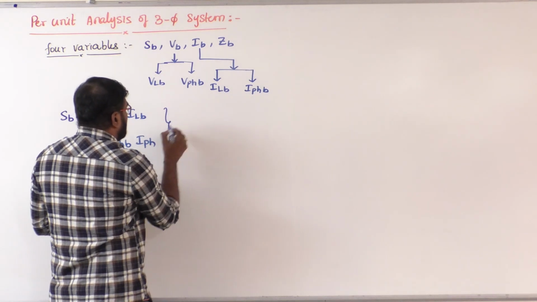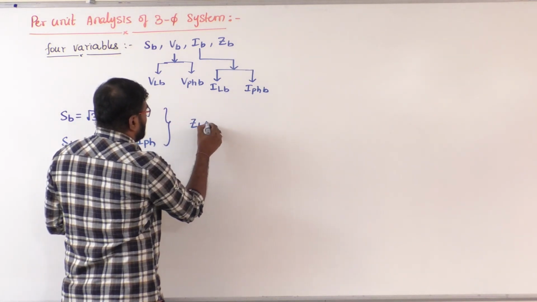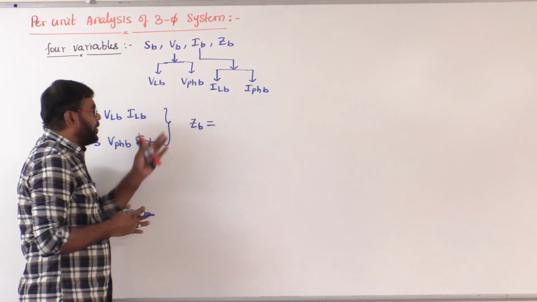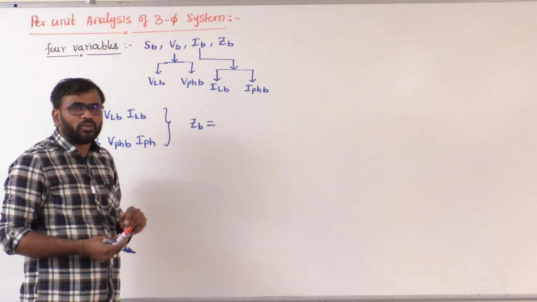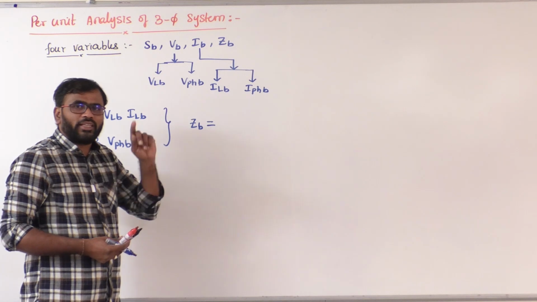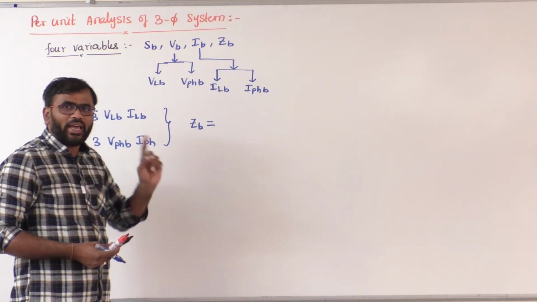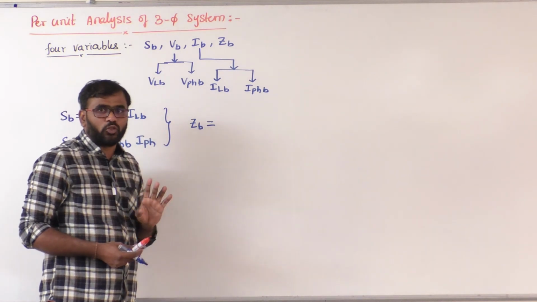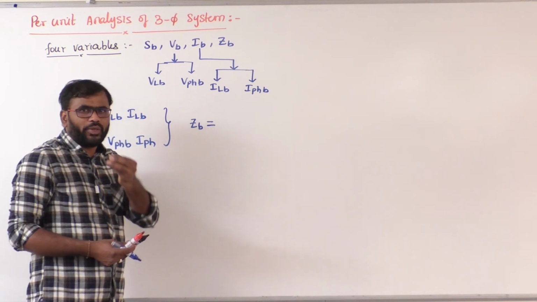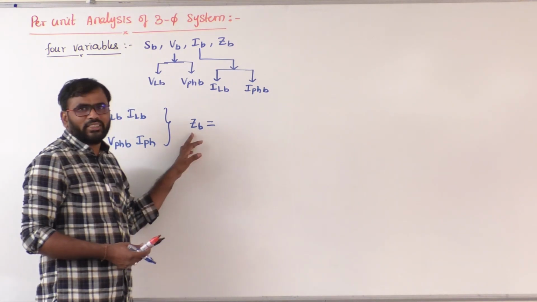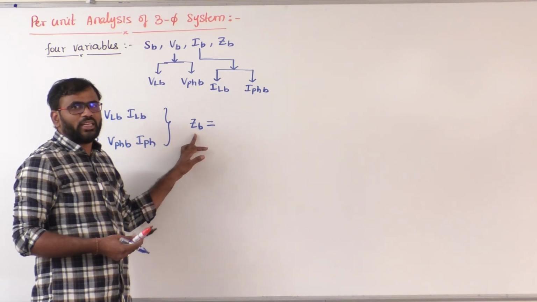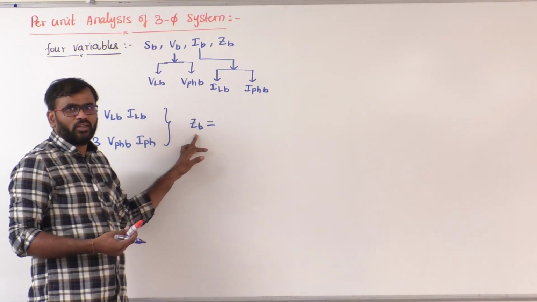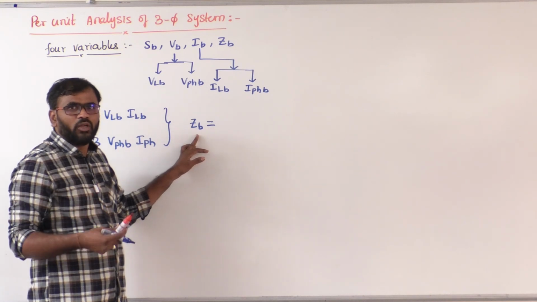Next one, impedance base. What is impedance base? V base by I base. In a single phase system we directly write V base by I base, but in a three phase system V can be a line voltage or phase voltage, and I can be a line current or phase current. So what is the correct relation? Very simple. The common sense is that impedance is always a per phase quantity. There is no concept of line impedance and no concept of phase impedance.